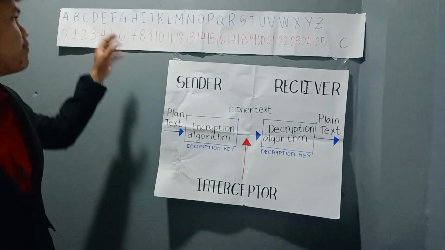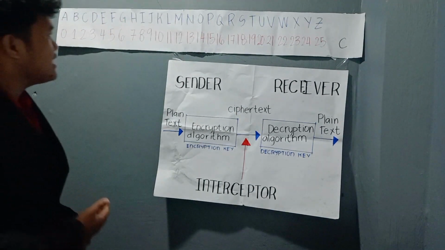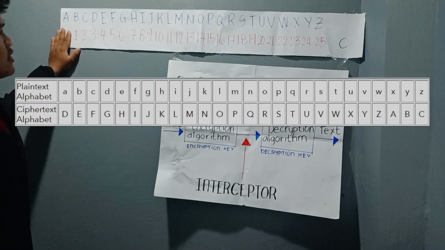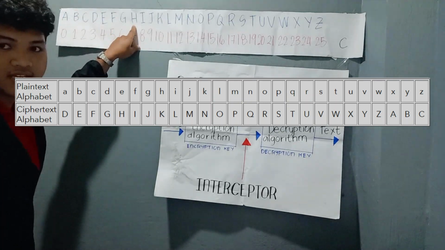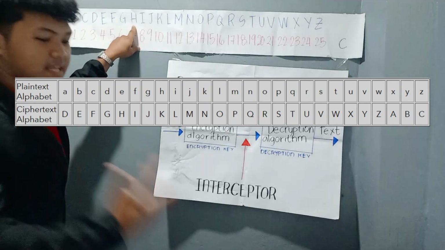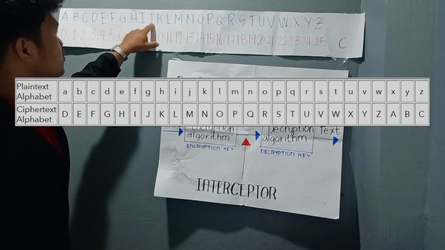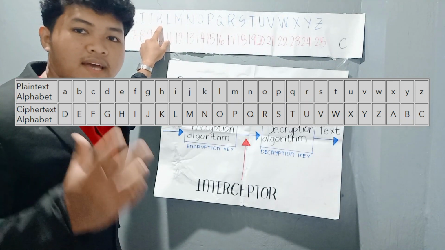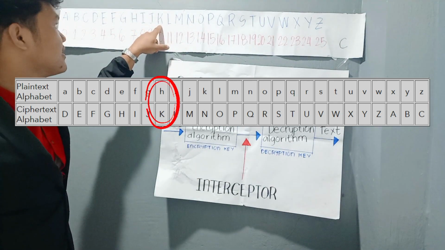Let's say we shift by 3, and our message is "hate". Starting with H, we shift by 3: 1, 2, 3. So the encrypted letter of H turns into K.